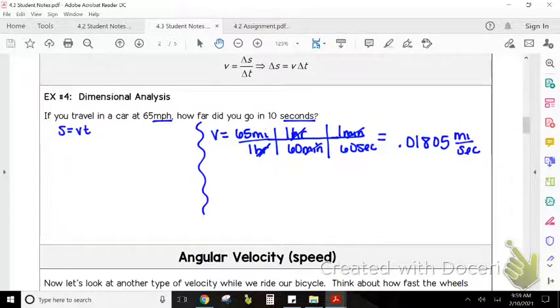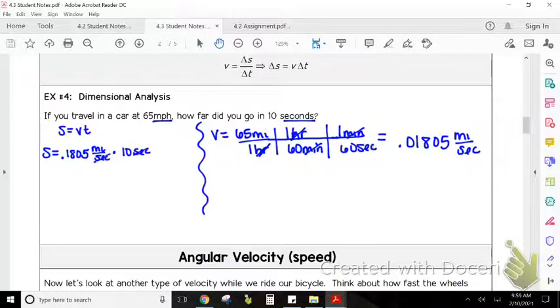All right, so now when I go to find how far did I go, my distance, my arc length here, I know s is equal to 0.01805 miles per second times the time, which is the 10 seconds.